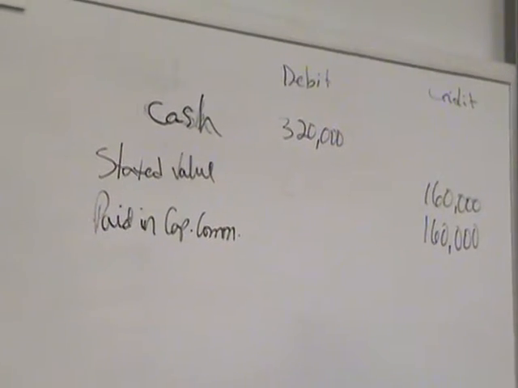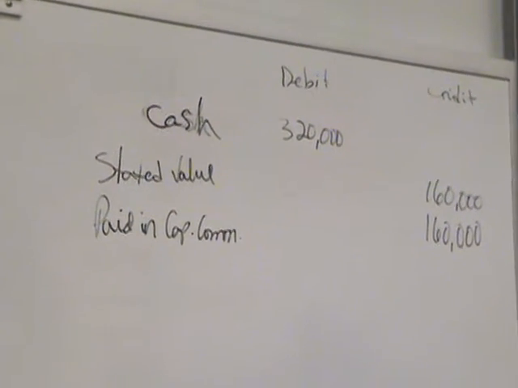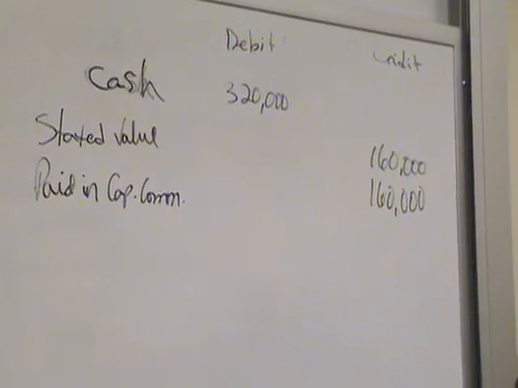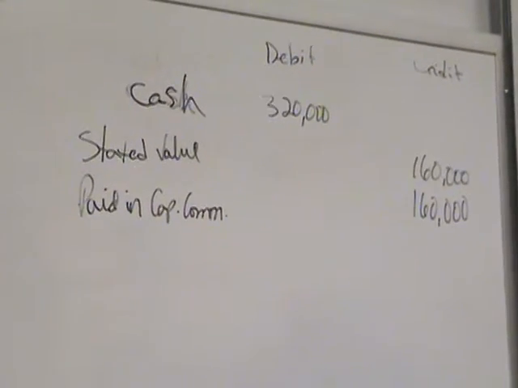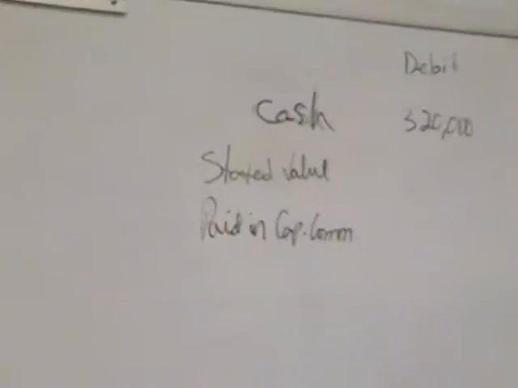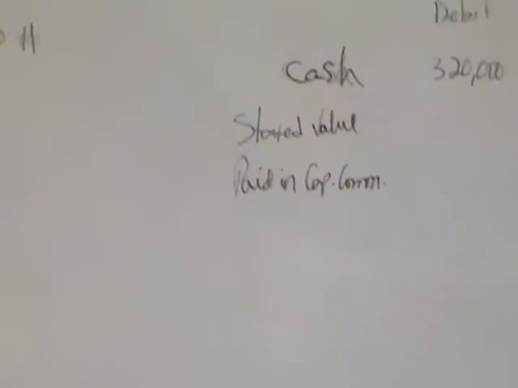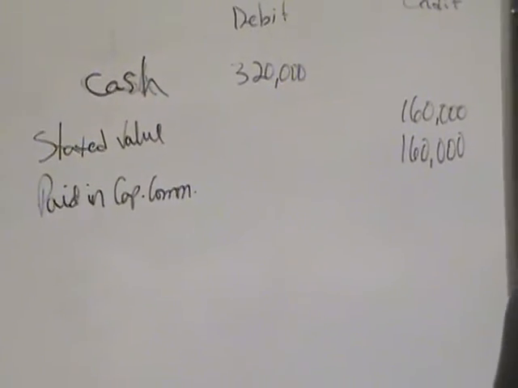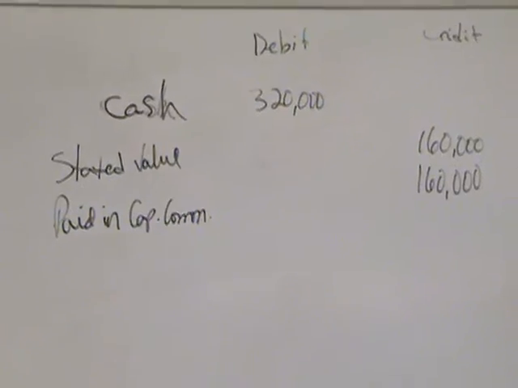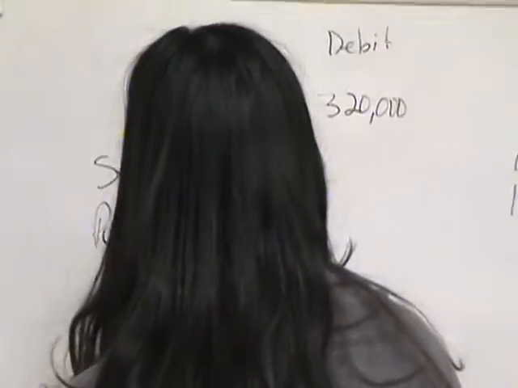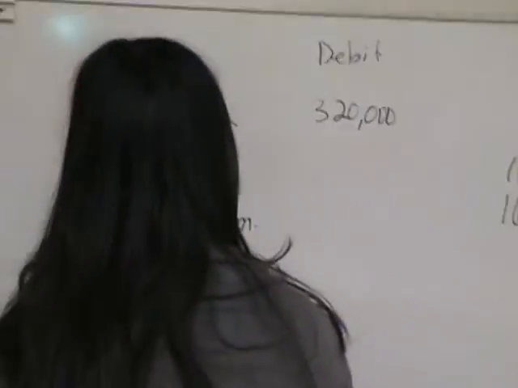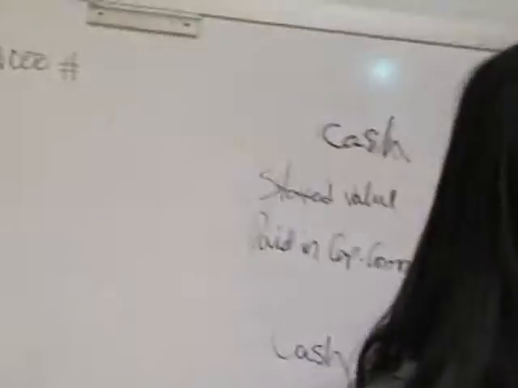So do 5,000 times 105, $525,000. So debit cash 525,000.